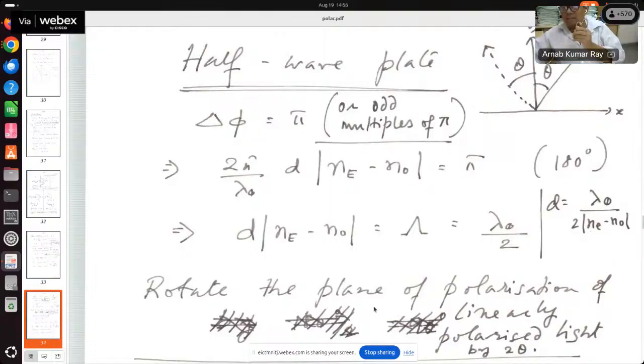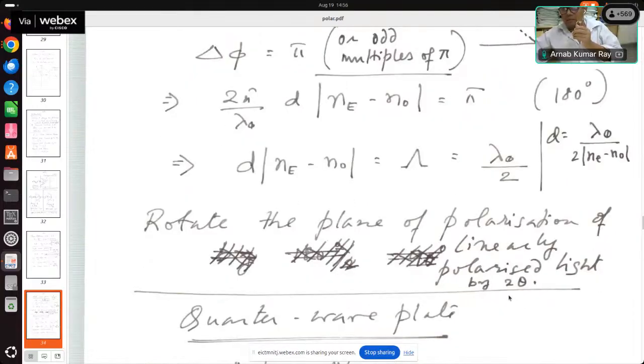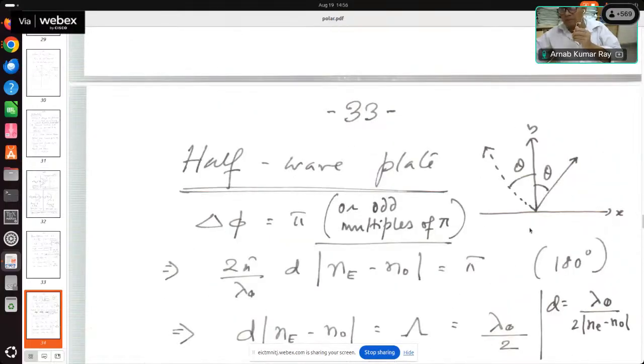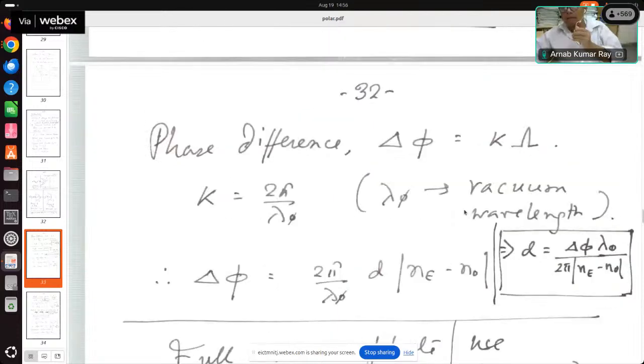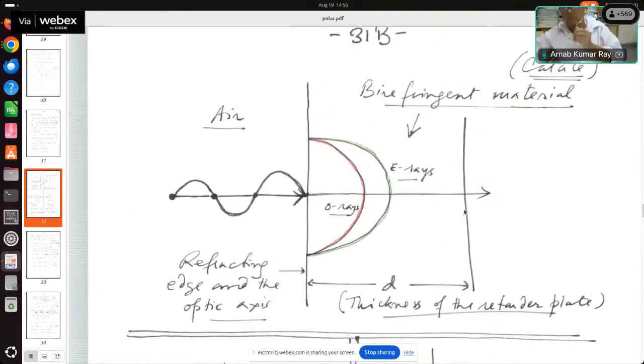So what effectively this will do is rotate the plane of polarization of linearly polarized light by an angle 2 theta. What do I mean by 2 theta? Let's look at this geometrically. Here the light wave is entering with a certain state of polarization, a certain orientation.